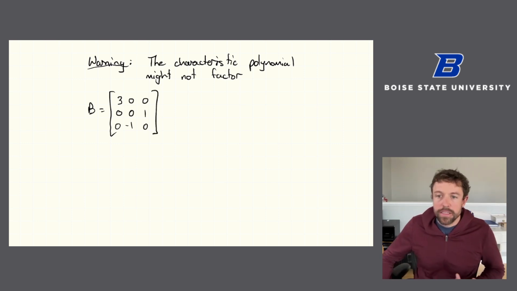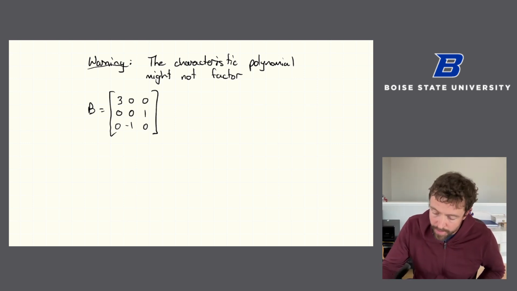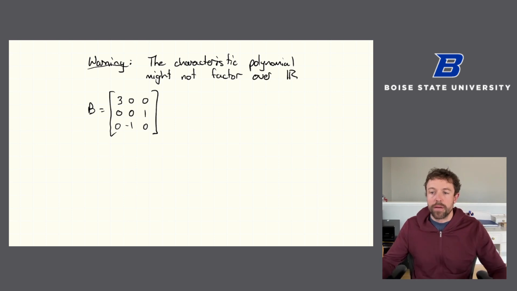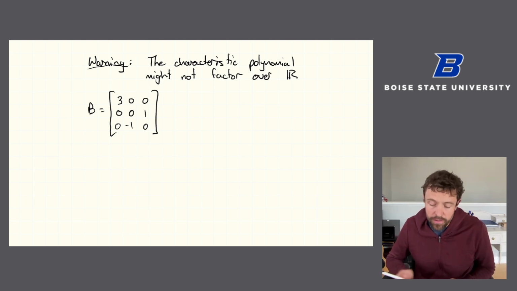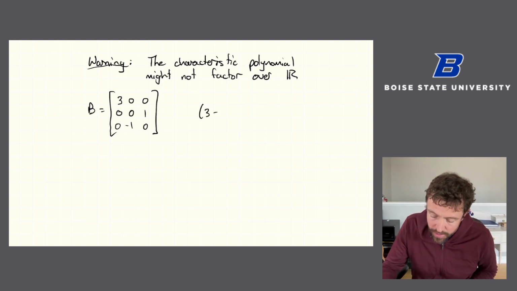If I look at this matrix, every polynomial factors over the complex numbers. We haven't talked a ton about complex numbers in this class, but this is a really easy matrix to find the characteristic polynomial of. You can do it as an exercise.